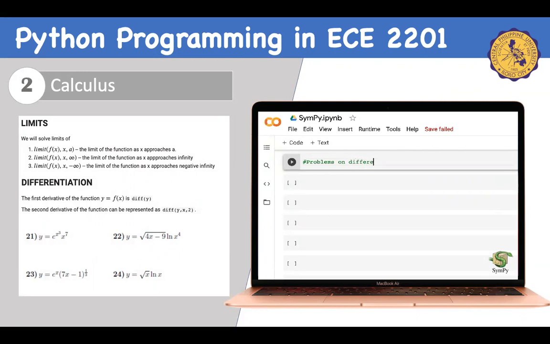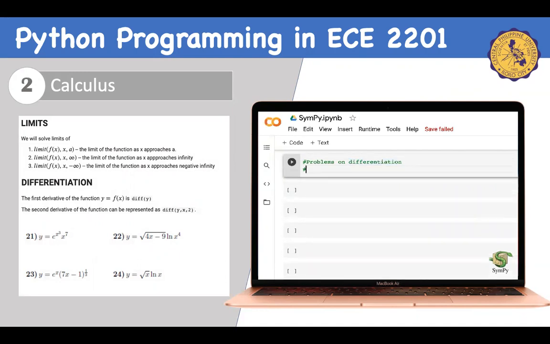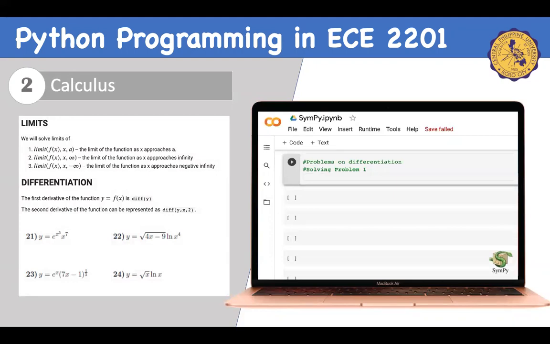This is problems on differentiation. Now, differential calculus will be easier if you know how to use Python. Same is true with other mathematics subjects like integral calculus, differential equation, and in your current subject, the advanced engineering mathematics.